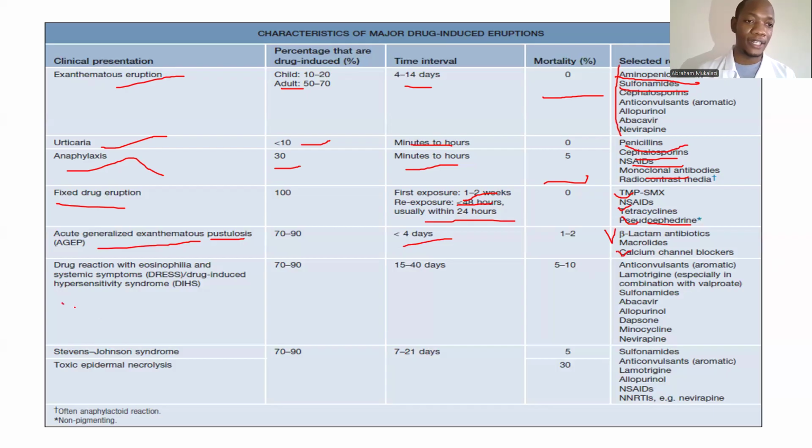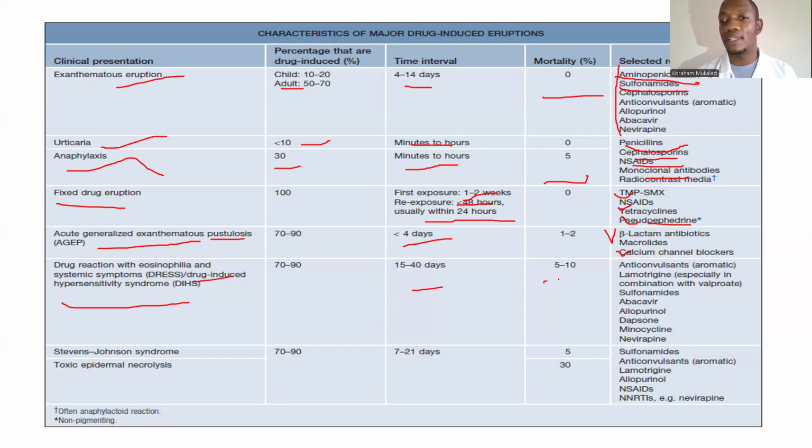Then we have a drug reaction with eosinophilia and systemic symptoms, the one we call DRESS. DRESS comes in a little bit later, about 2 weeks to 40 days after you've given your drug. And sometimes people can end up even dying. 10% of them will die.